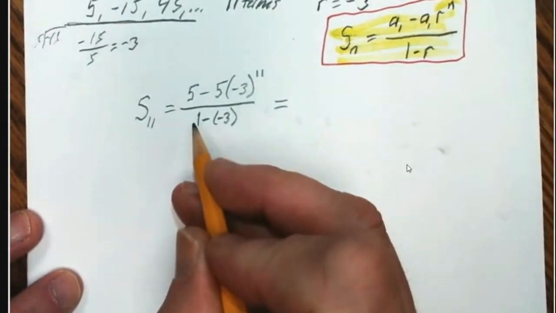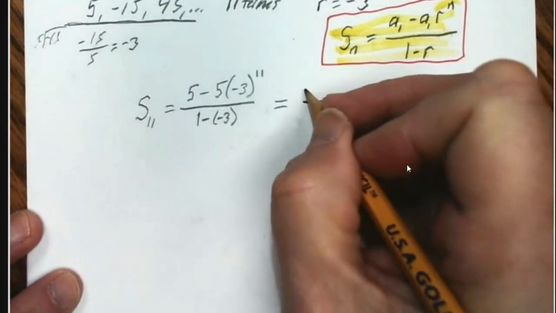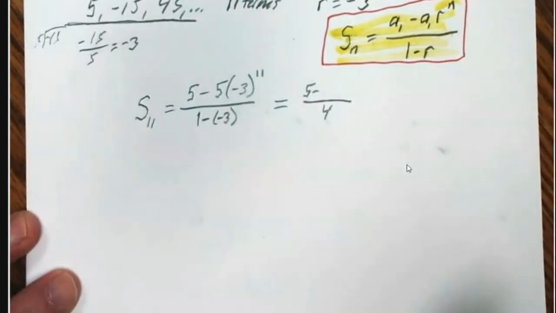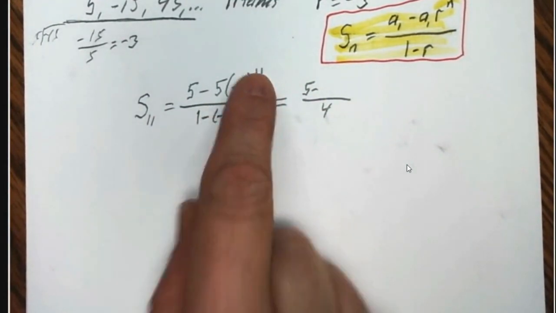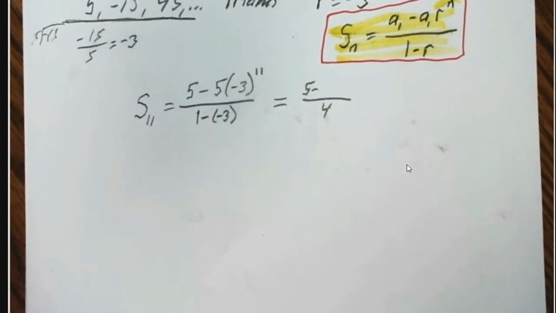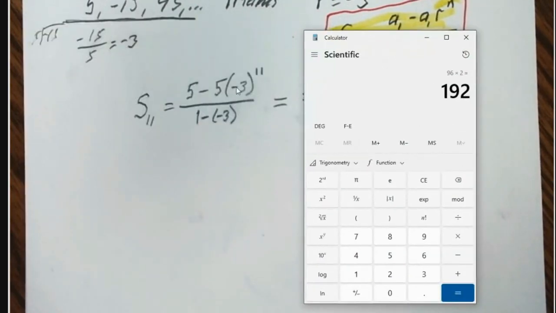Okay, so the bottom, 1 minus negative 3, that's a 4. Up here we have 5 minus, and we have to calculate what 5 times negative 3 to the 11th is. So we'll need our calculator back for that. So let's take 5 times negative 3 to the 11th. So 5 times, we'll put negative 3 raised to the power of 11.